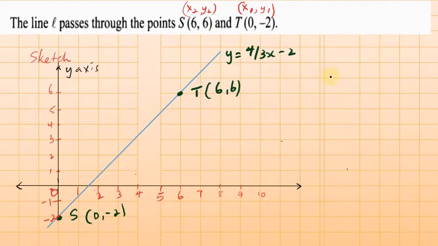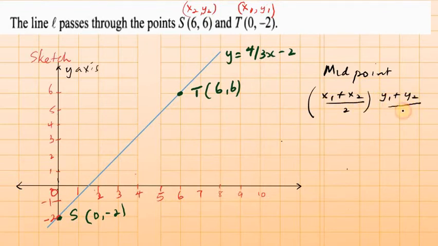So the midpoint is given by the formula (x1 + x2)/2, (y1 + y2)/2, and the two endpoints here are T and S. So I'll write that for you.